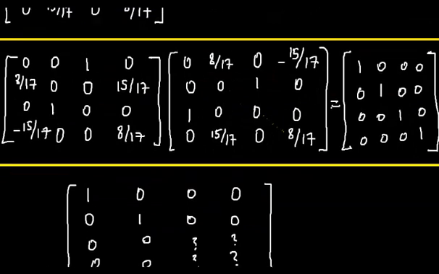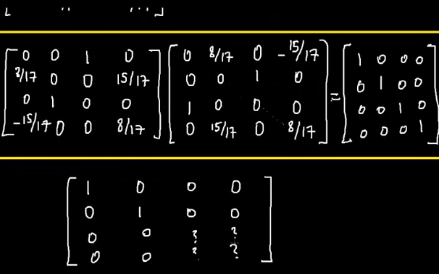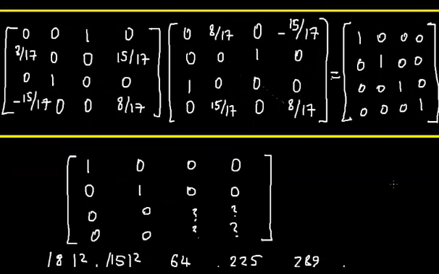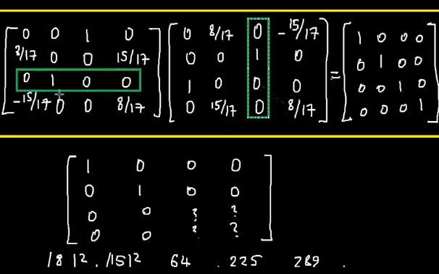Okay, so what remains to check is these 4 entries, and so for this first question mark here, this is an entry at i being equal to 3 and j being equal to 3, right? So we have to take the third row here and the third column here, and we take their product.